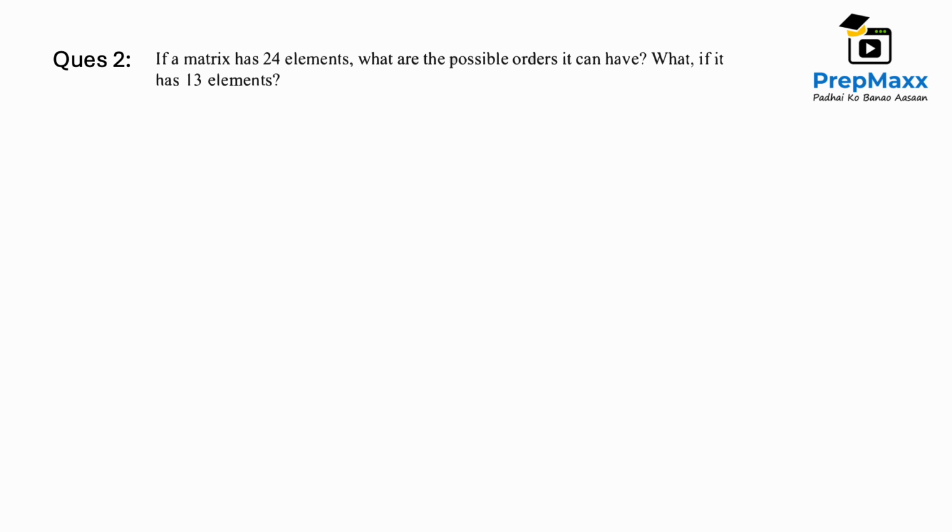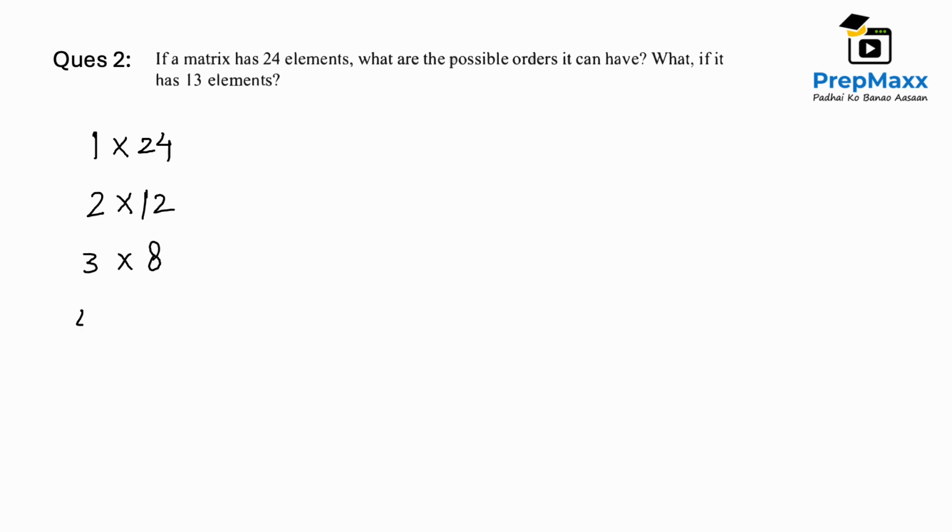If a matrix has 24 elements, what are the possible orders it can have? So we can have one row and 24 columns, right? Or we can have 2 rows and 12 columns, or 3 rows and 8 columns.